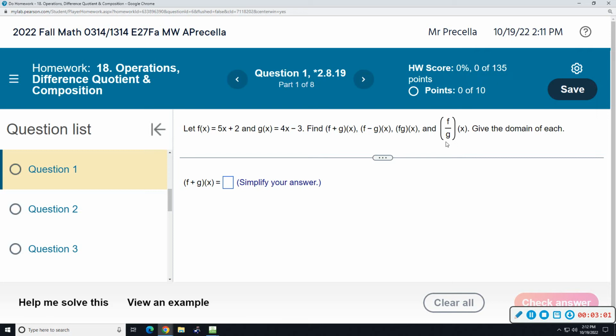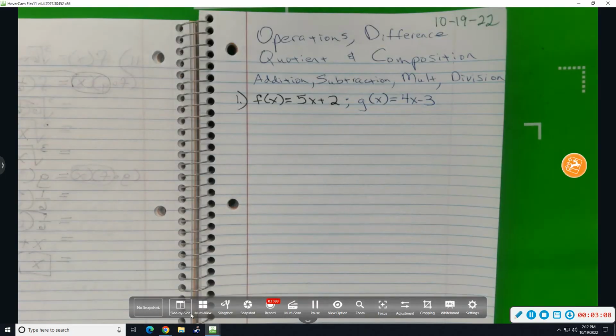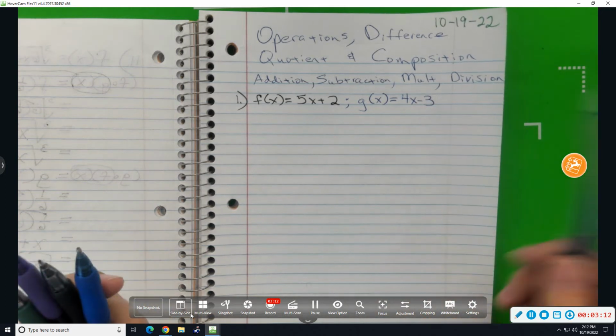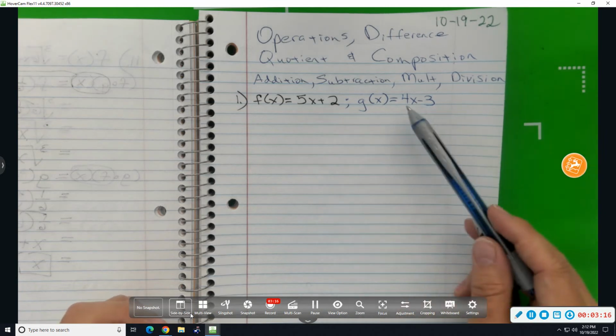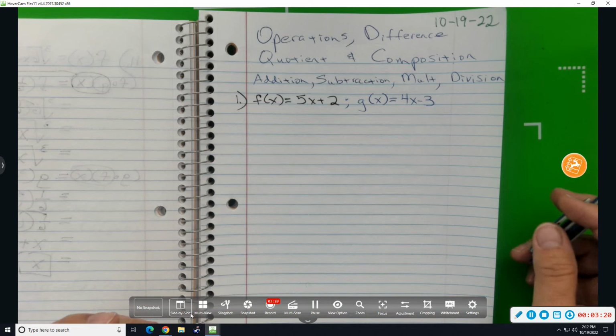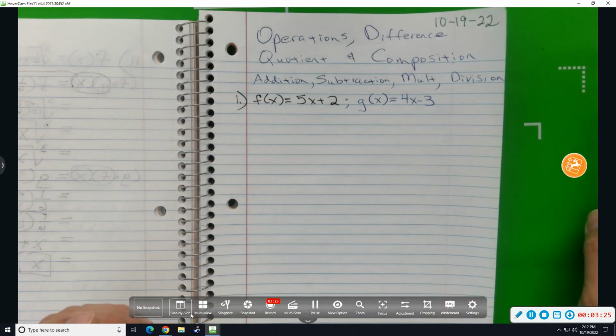Just for the record, they don't ask us to give the domain of the f and g functions. But y equals mx plus b, those are linear functions. If they'd asked for the domains of f and g, what would they be?